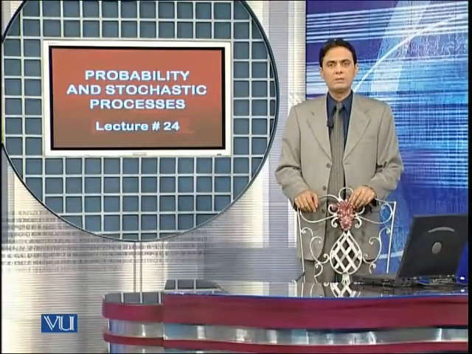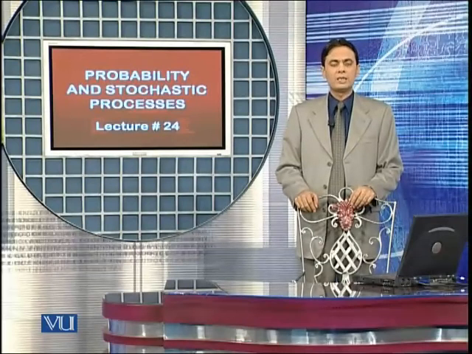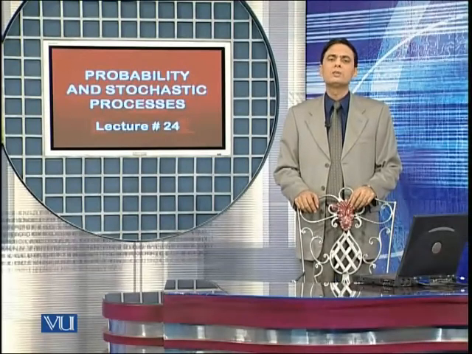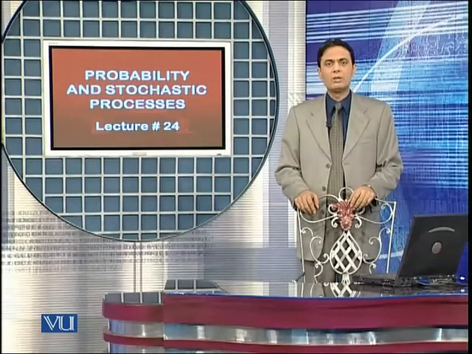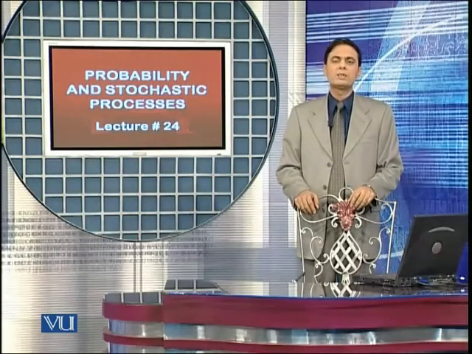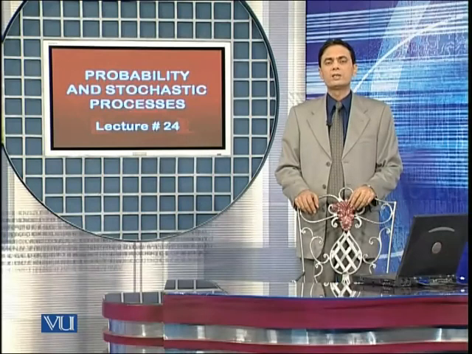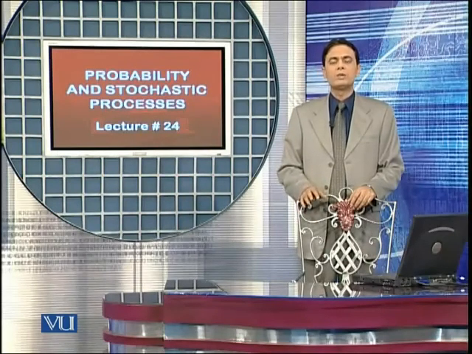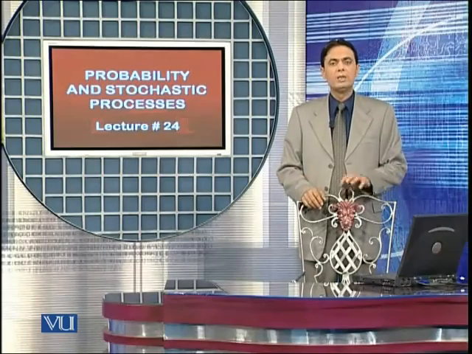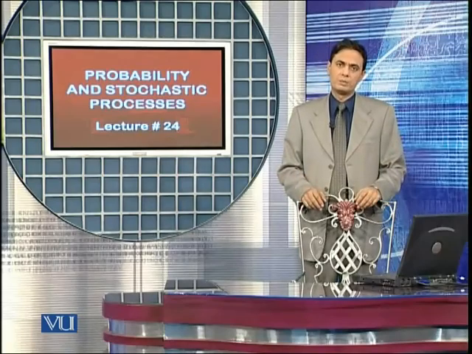We have been dealing with continuous valued random variables, and starting with simple continuous valued random variables, we dealt with pair of continuous valued random variables, and then we worked with transformed random variables, those random variables which take on their values based on the values of some original random variable through a mapping or a function.